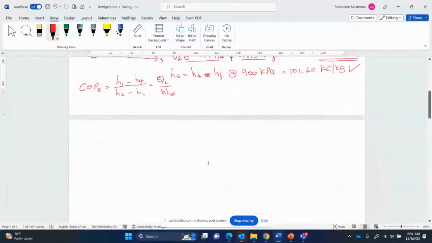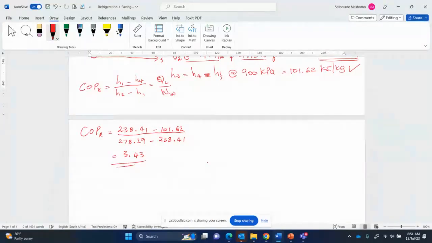And then we substitute, we say that COPR is equal to 238.41 minus 101.62 divided by 278.29 minus 238.41, and the answer is 3.43.